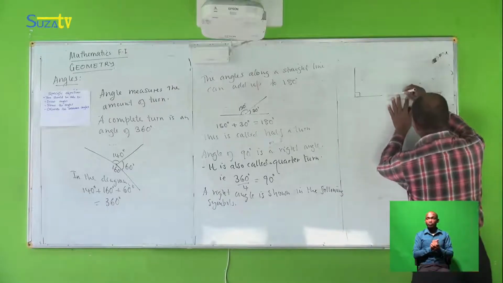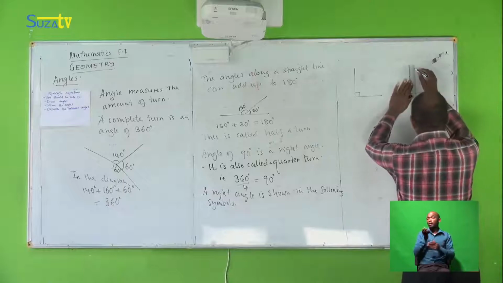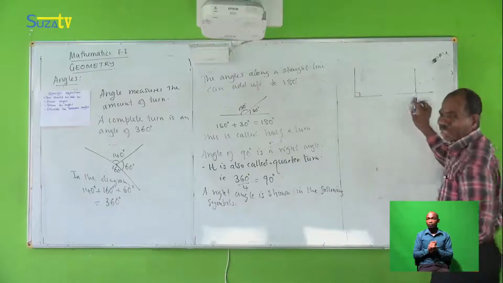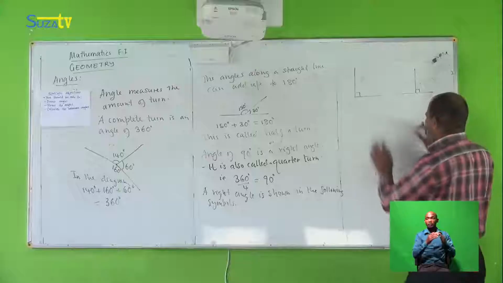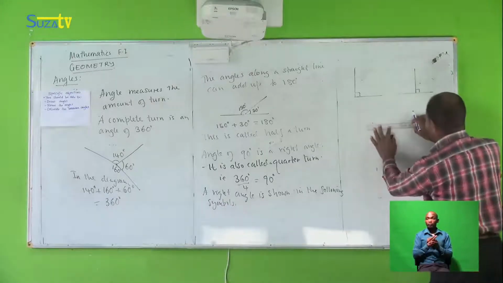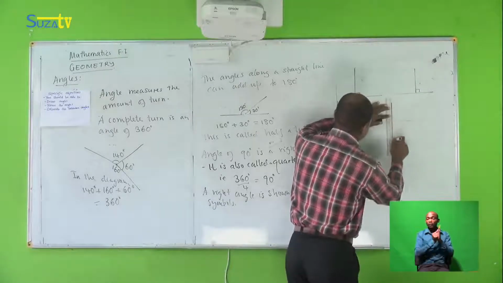Also, we can have a symbol like this. This is a right angle. But another one can be represented using this symbol.